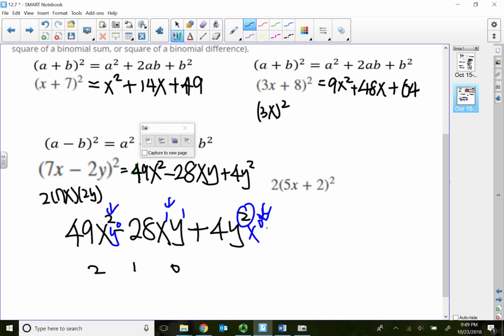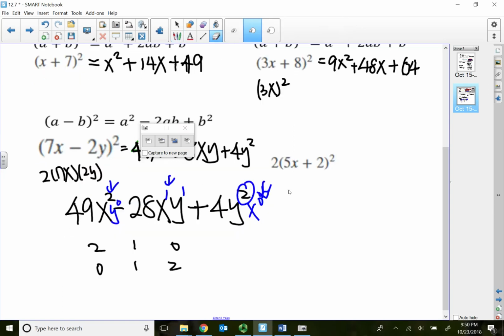For the y it's 0, 1, 2. That's the reason why the answer has got to be the way it is. It has got to be written in order. So my x is going descending order, my variable y is going ascending order. So whenever we use two different variables, this is the reason why the answer looks the way it does.